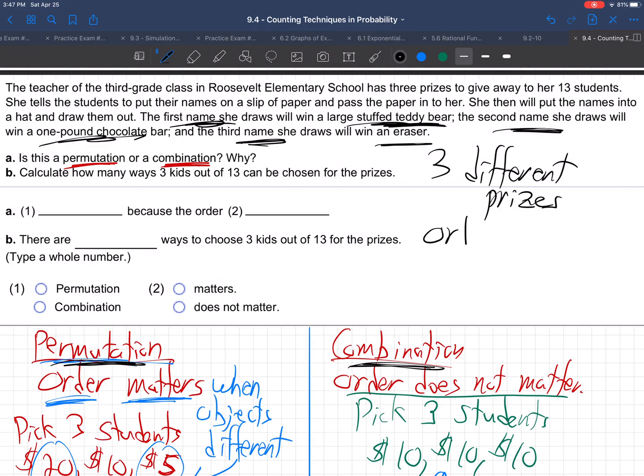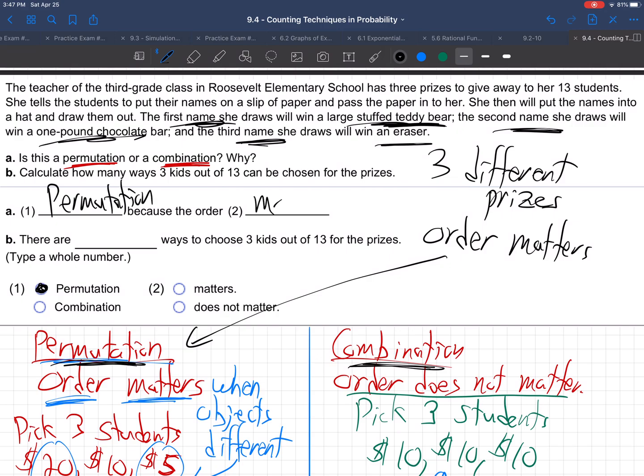Yeah, it does. You get something different. Order matters on this problem, which means it's a permutation, because order matters on this one.